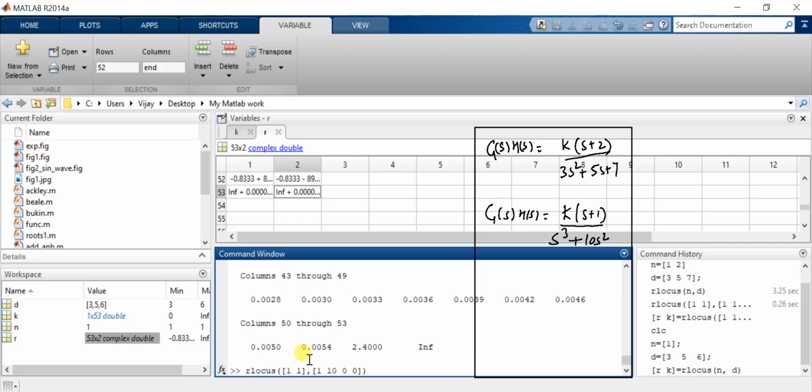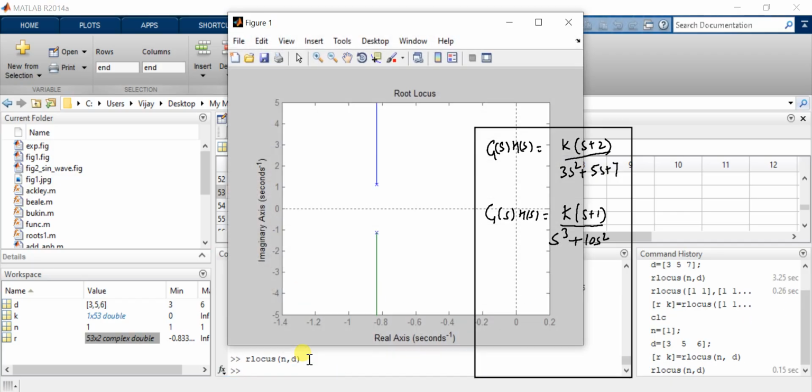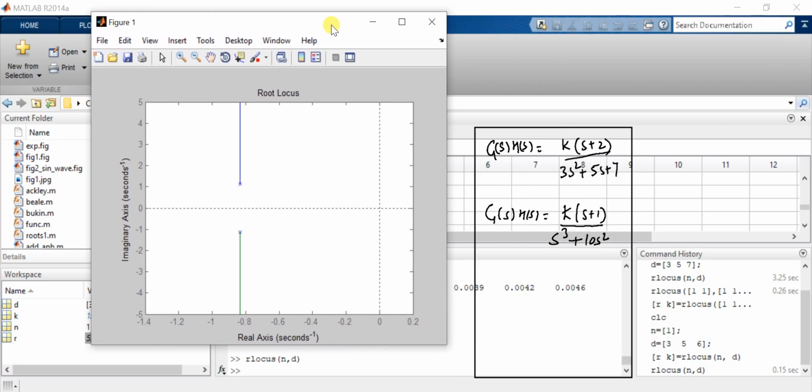And when you want to check the root locus plot, this is the root locus plot of this particular transfer function. I hope this root locus is clear to you.